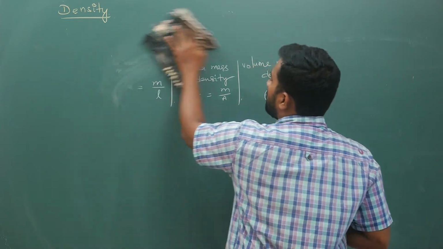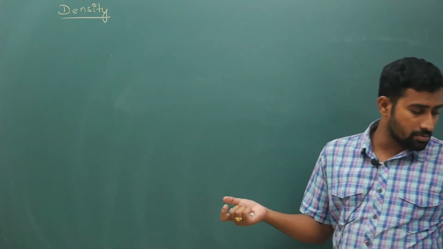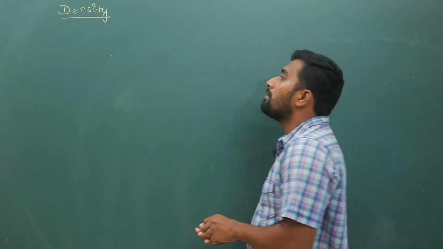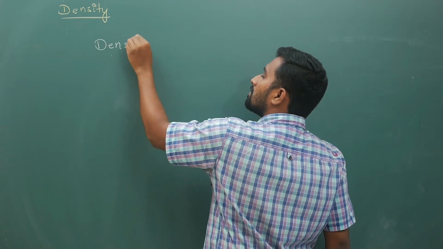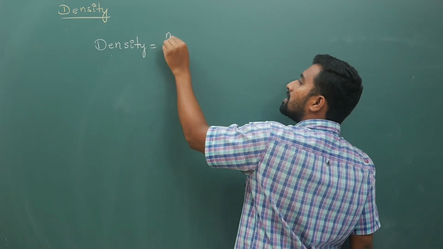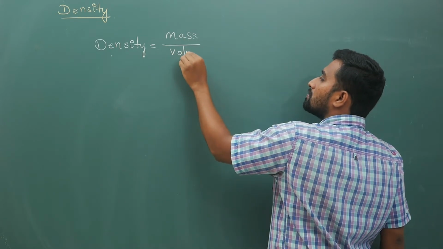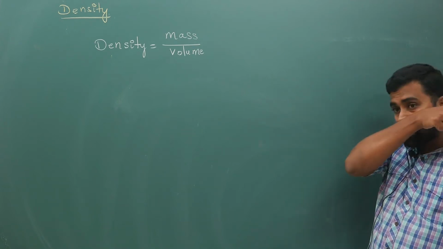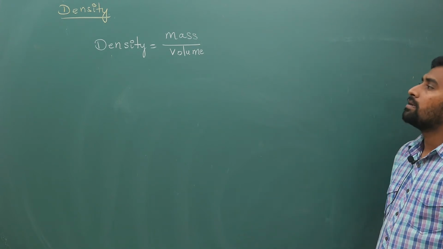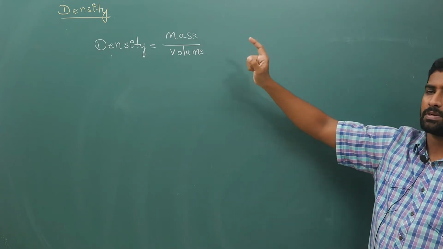So that is why for fluids, even though I am not specifying what type of density, by default your density is mass by volume. Now your mass is constant, it will not change with respect to temperature.